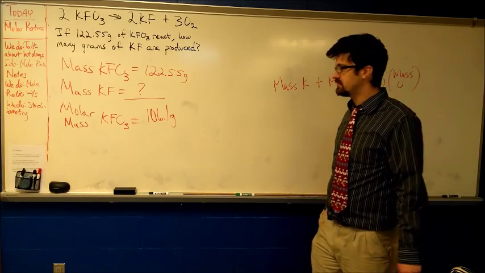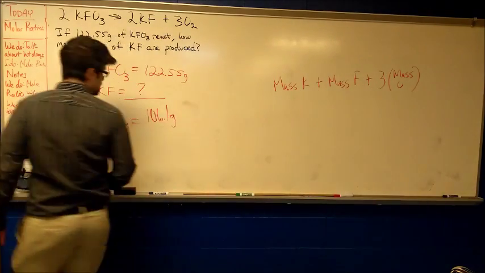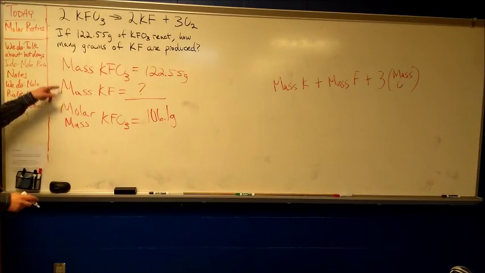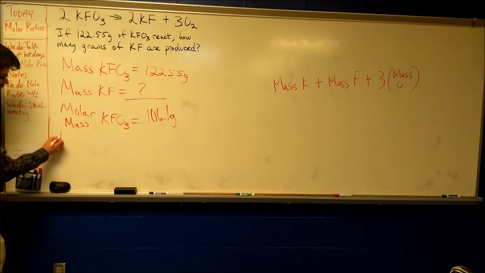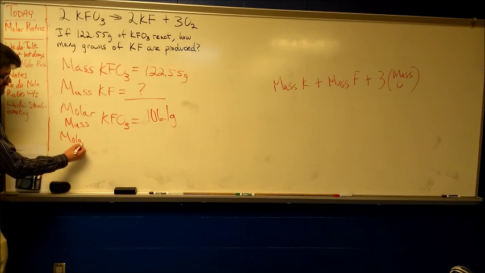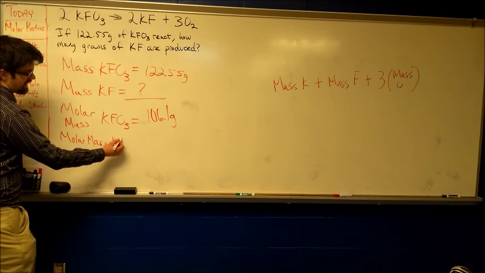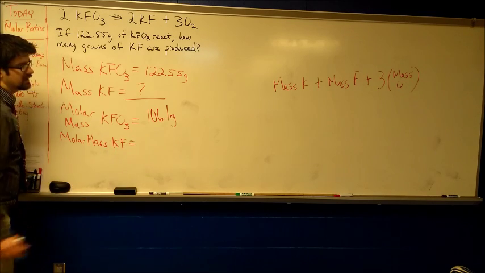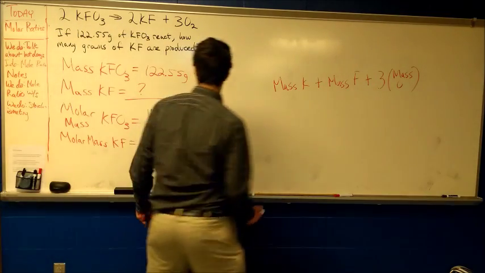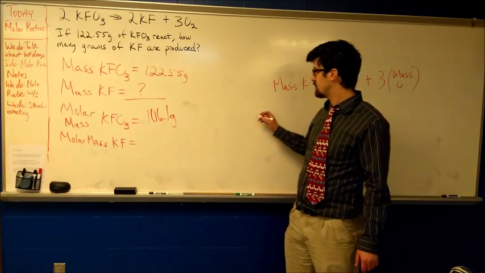The next thing we need to figure out is the molar mass of KF, since those are the two compounds that we're actually looking at. Molar mass of KF. And we're going to do the same process that we did before with the KFO3.